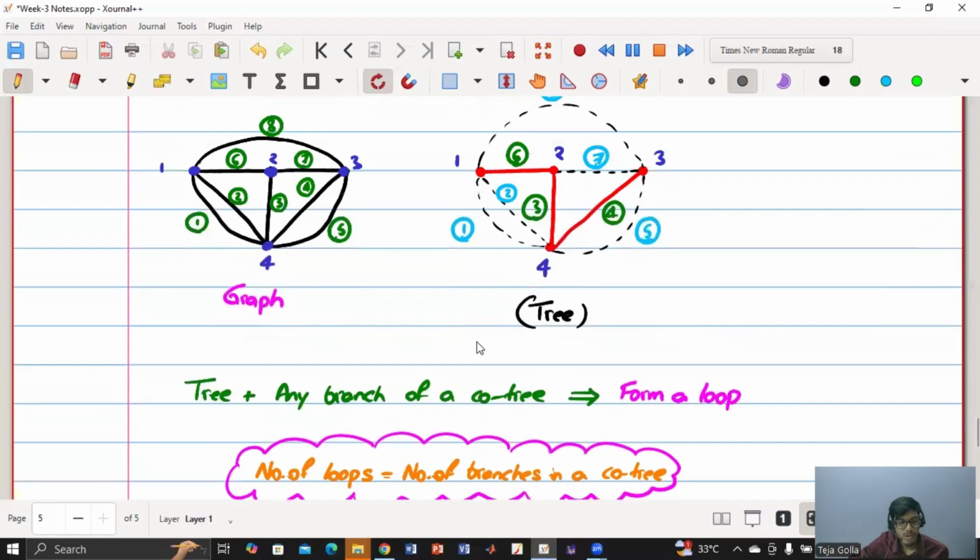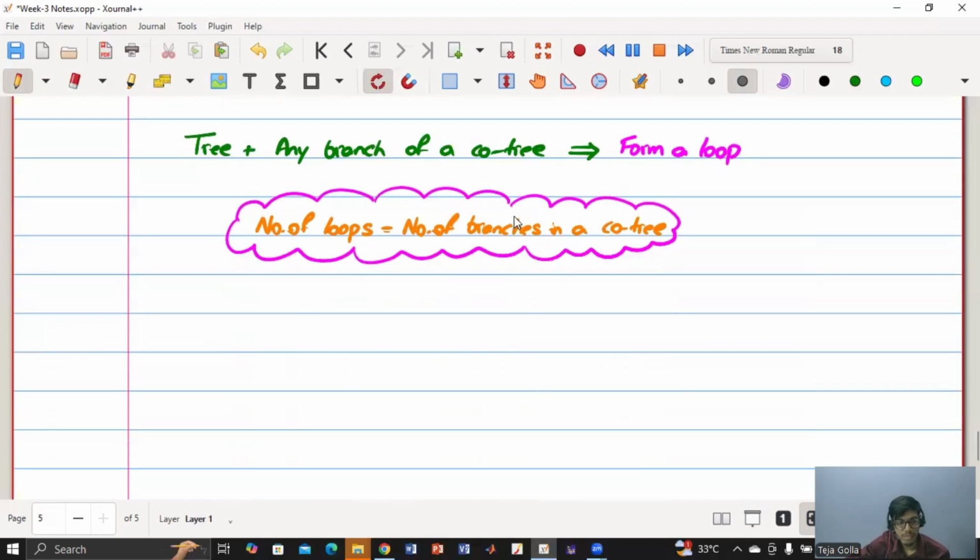So first we'll find out the number of branches in a tree. How many branches are there in a tree? Each branch in a tree is a connection between two nodes, right? So we have 4 nodes and we got 3 branches. So we know the number of branches in a tree is equal to n minus 1.